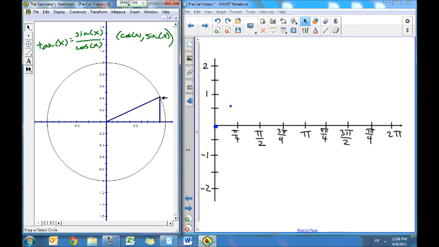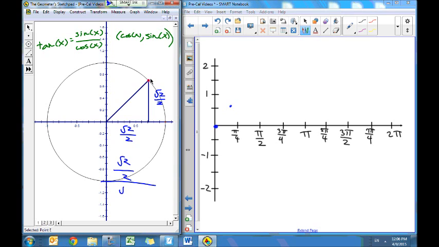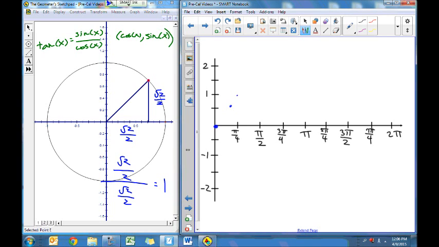If I move this up to about 45 degrees, or pi fourths, this is root 2 over 2, and root 2 over 2, and root 2 over 2 divided by root 2 over 2 is equal to 1. That's convenient. So at pi fourths, I'm at 1.